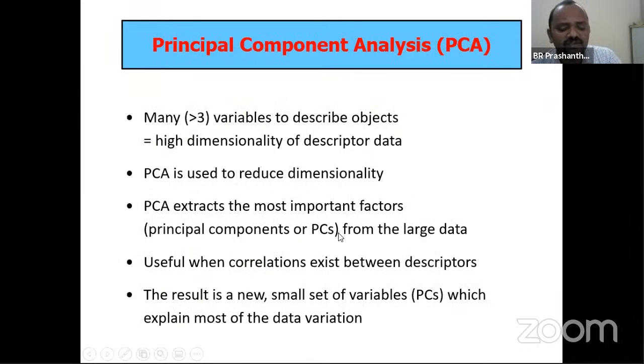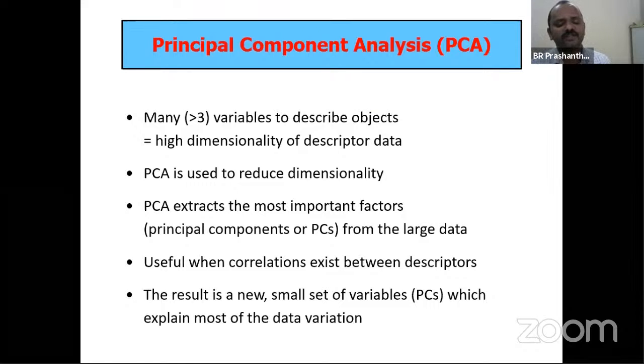After applying these fields, the steric field and the electrostatic field, to a compound: steric is a physical field and electrostatic is an electronic parameter. It is a three-dimensional parameter. Within these fields there will be different components.